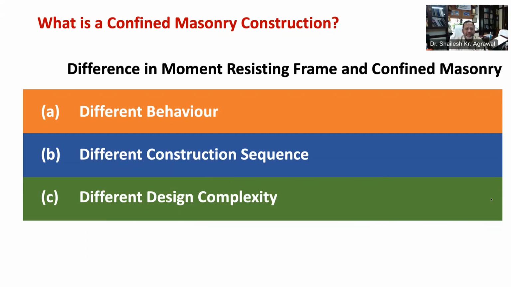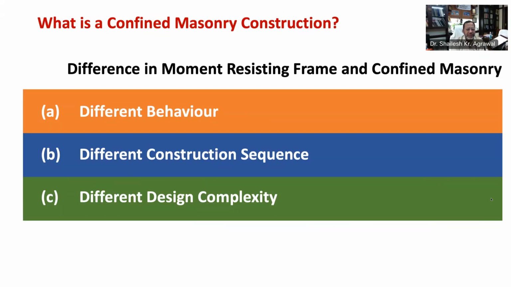Confined masonry houses are load-bearing structures because here masonry walls carry gravity and earthquake-induced lateral forces. This is similar to unreinforced masonry construction being used in India for many centuries.